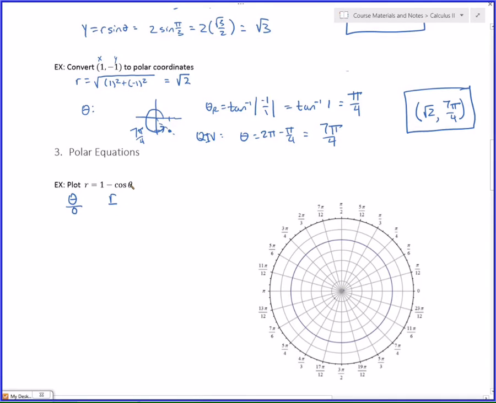Well, I plug in 0 here, and I get 1 minus cosine 0. What's cosine of 0? 1. So 1 minus 1 gives me 0. So my starting location, my arm, is going to put its pin at its very furthest left.